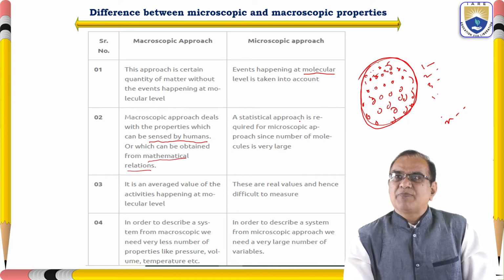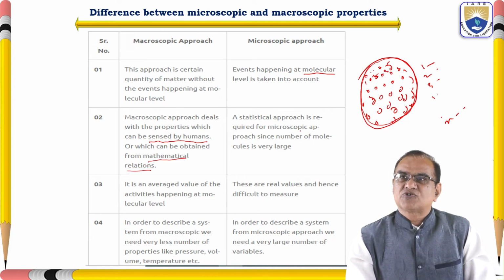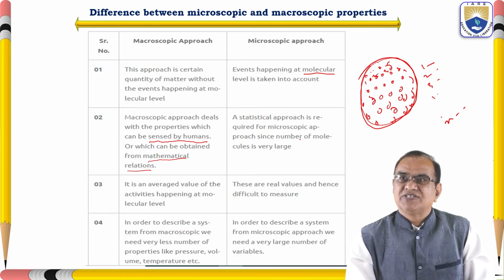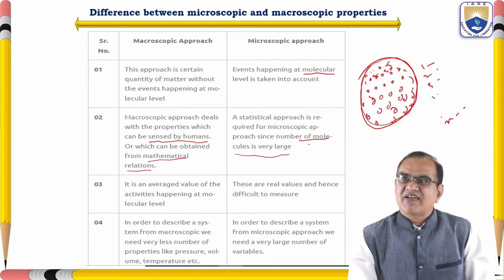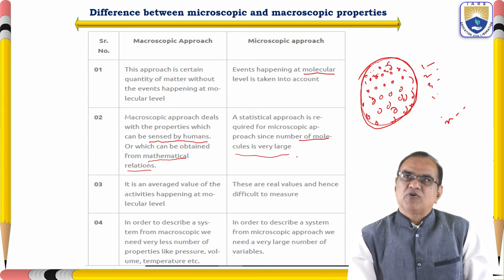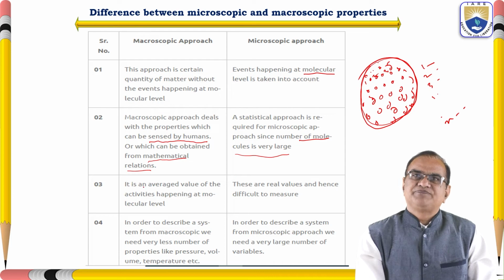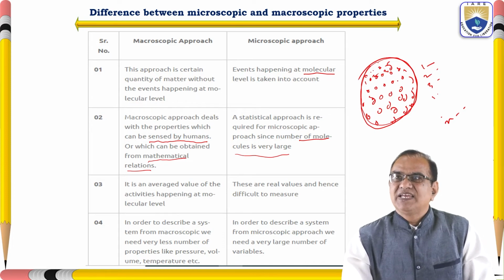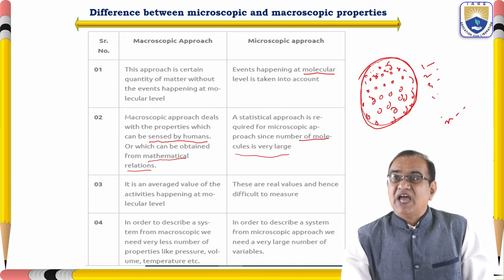A statistical approach is required for the microscopic approach since the number of molecules is very, very large. So we have to use the statistical approach, and then we can calculate the microscopic properties. It is an average value of the activities happening at the molecular level. So whatever is happening, if you take the average of the whole, then it is macroscopic.